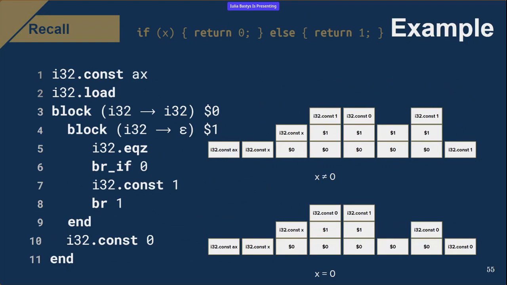Depending on whether x was 0 or not, we can have different evolutions of the operand stack. Now, if we assume that the value x was secret, was a high labeled value, then how would we deal with the implicit information flows, or how would we track the flows in Wasm?